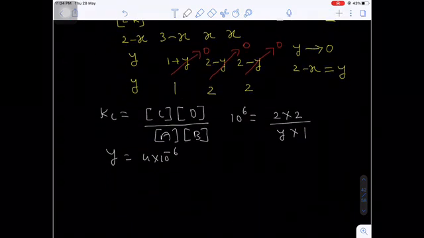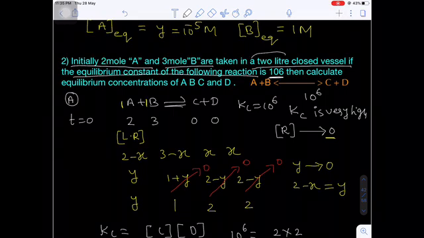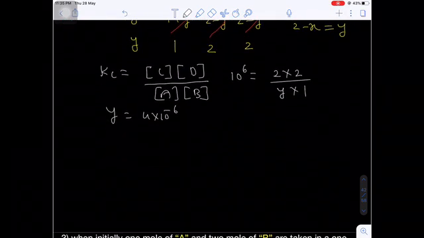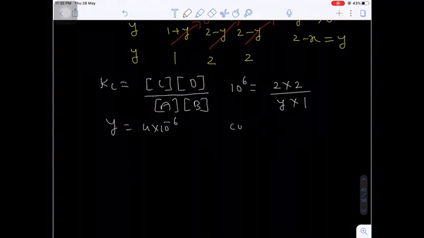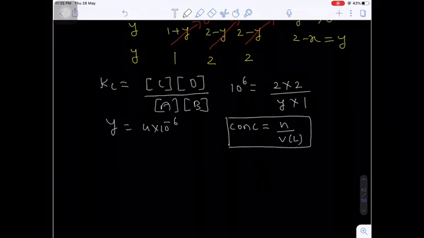Now, the container has a capacity of 2 liters. This is very important. We have a 2 liter container. Now, what is the formula to calculate the concentration? Number of moles upon volume in liters. To calculate the concentration, the formula is number of moles divided by the volume of the container in liters.